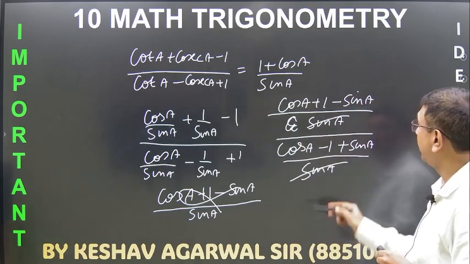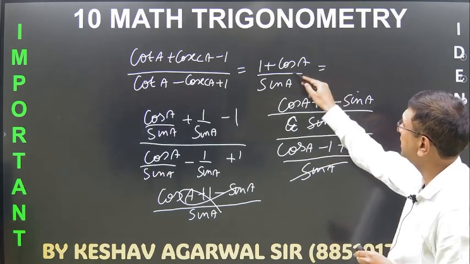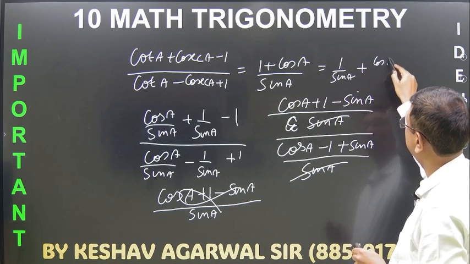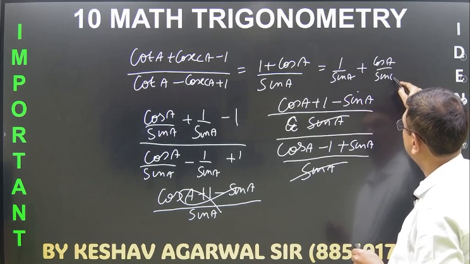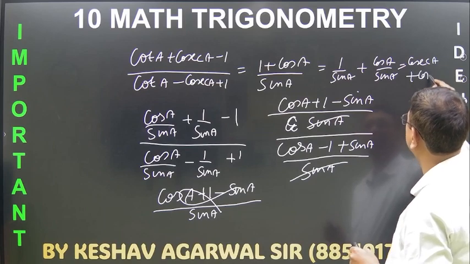So in a way what you will get, cos A minus sin A plus 1, cos A plus sin A minus 1, equal to, what is this, 1 by sin A plus cos A by sin A, which is equal to cosec A plus cot A. That is what it is.